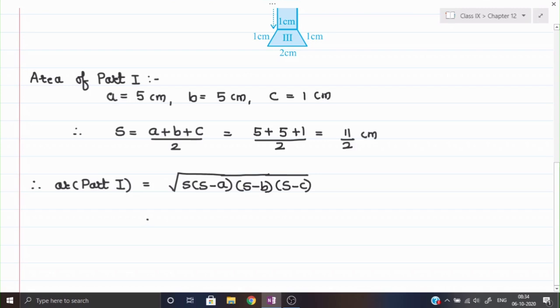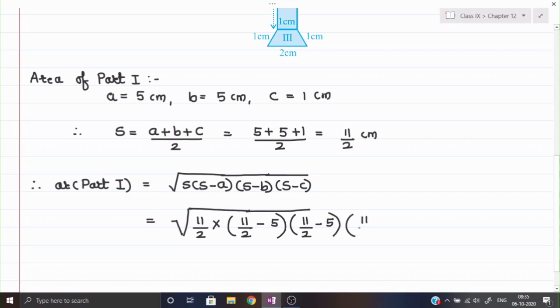Now further we shall write down the values over here, and we will make the square root a little bigger. The value of s is 11 upon 2 into the bracket, then 11 upon 2 minus 5, again 11 upon 2 minus 5, and lastly 11 upon 2 minus 1 because the last value is 1.